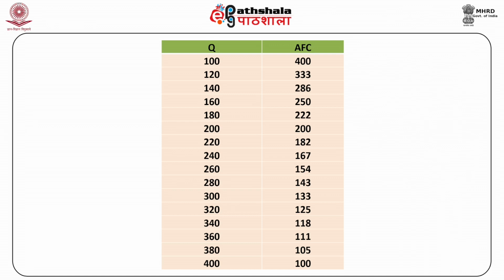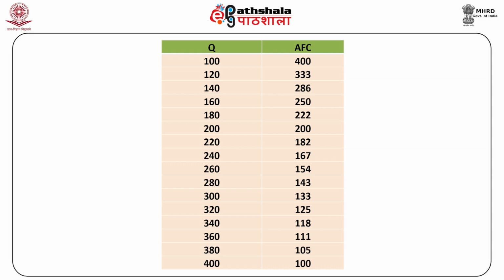The average fixed cost is asymptotically parallel to both the axes. As we move up, it becomes parallel to the y-axis, and as we move down towards the x-axis, it becomes parallel to the x-axis. As the output increases, the average fixed cost reduces and it actually never touches the x-axis.